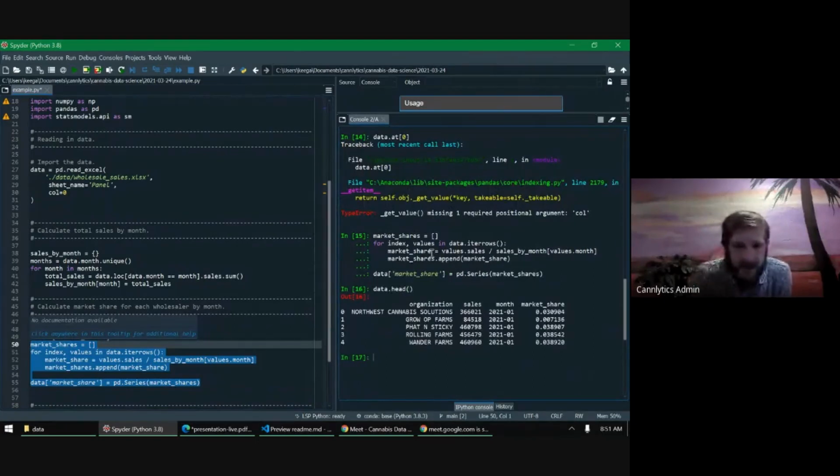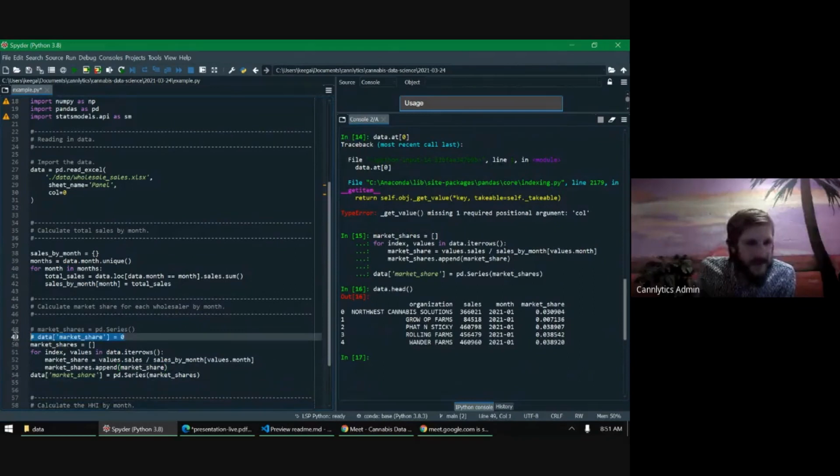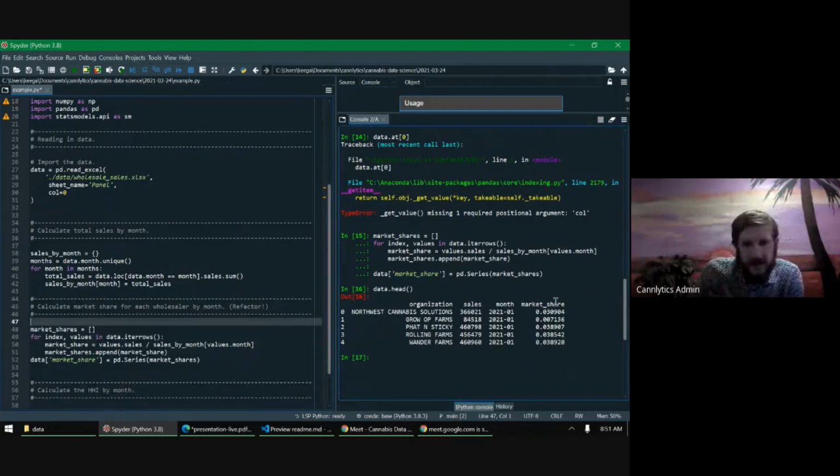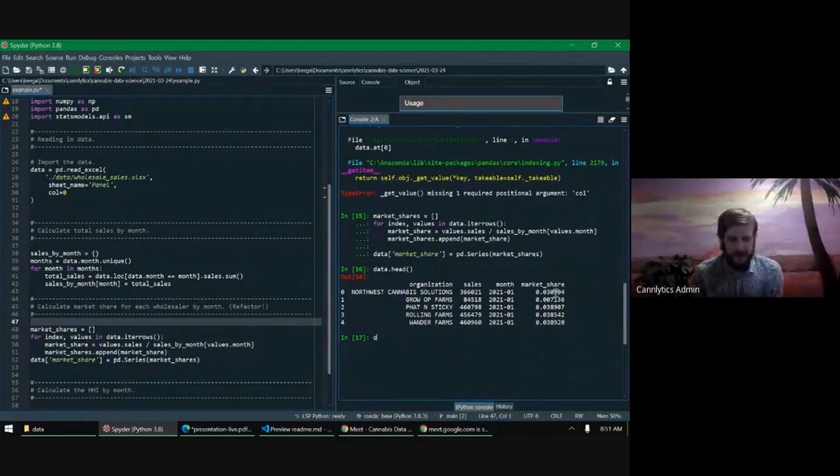All right, so that dirty piece of code, like I said, always refactor. So we've now calculated the market share for each organization.